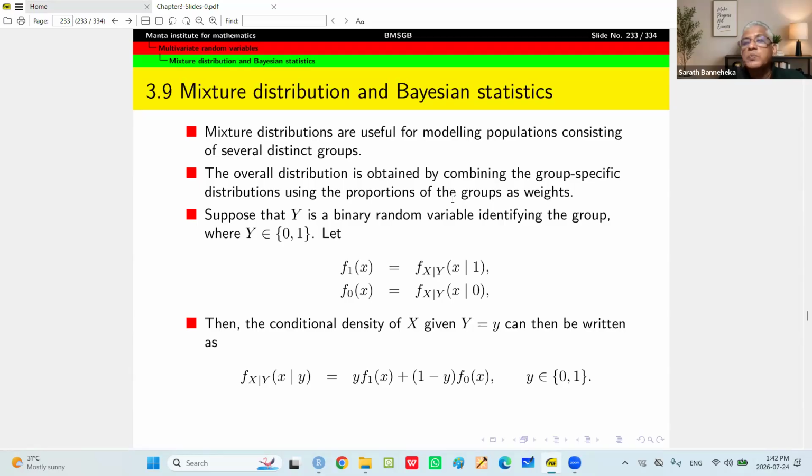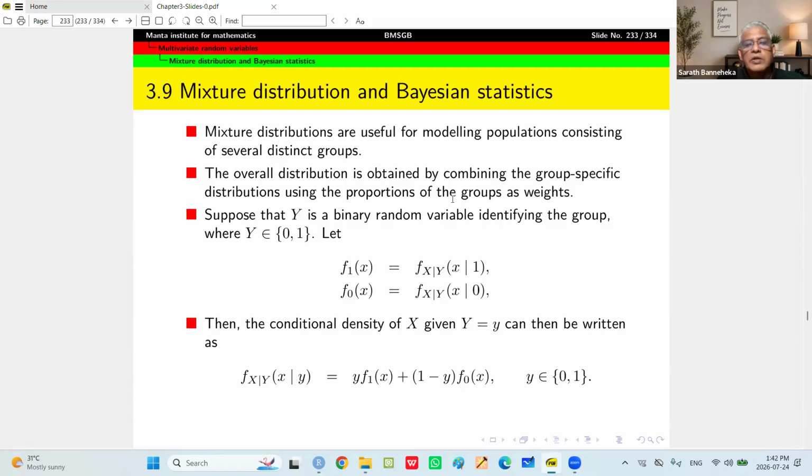Let f1(x) be the conditional distribution of the variable of interest x given y is equal to 1, right? So that is the conditional distribution of x for group 1. And similarly, say f0(x) is the conditional distribution of x for group 0, right?